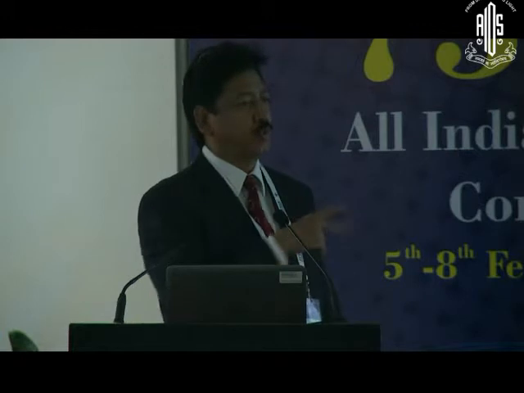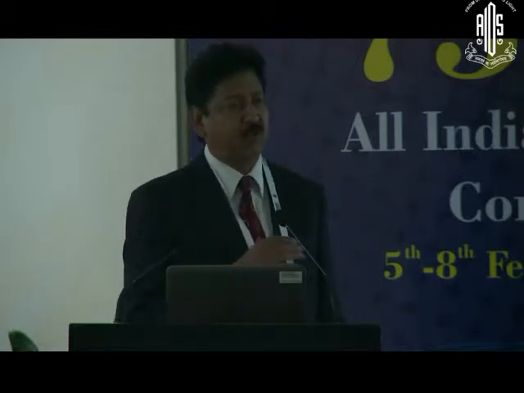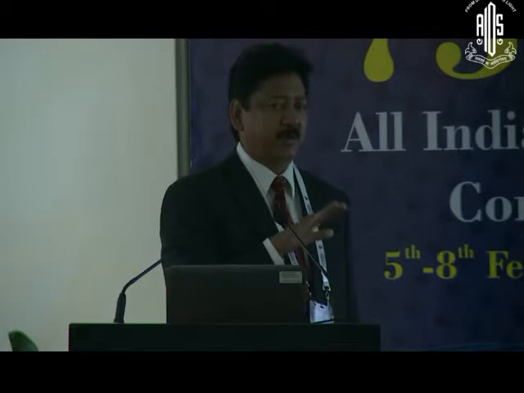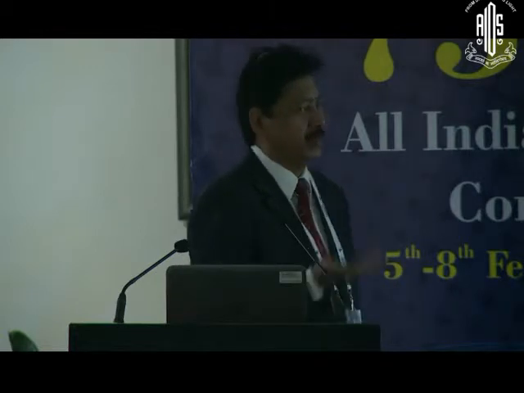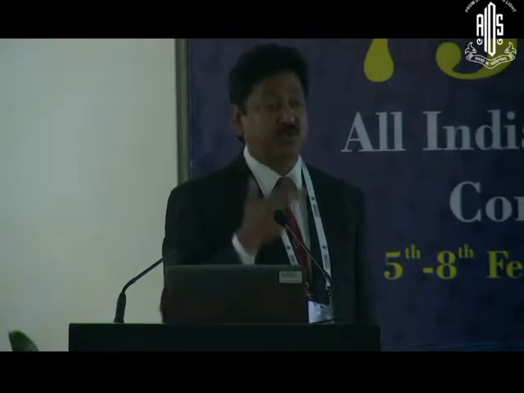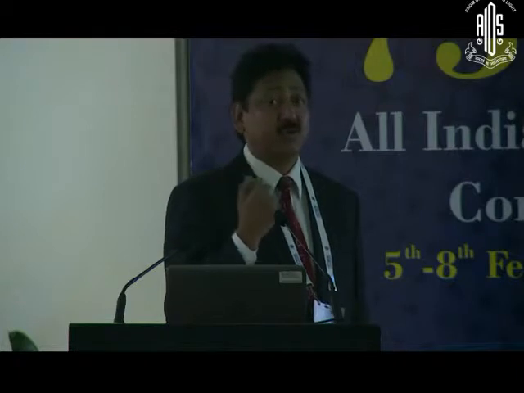If it rotates through 20 degrees, it loses 2/3 of its toric power. And if it rotates through 30 degrees, it loses the entire toric power. That means that a 3 diopter toric lens, if it rotates through 10 degrees, will lose 1 diopter of its correcting ability. And if it rotates through 20 degrees, it will lose 2 diopters of its correcting ability.